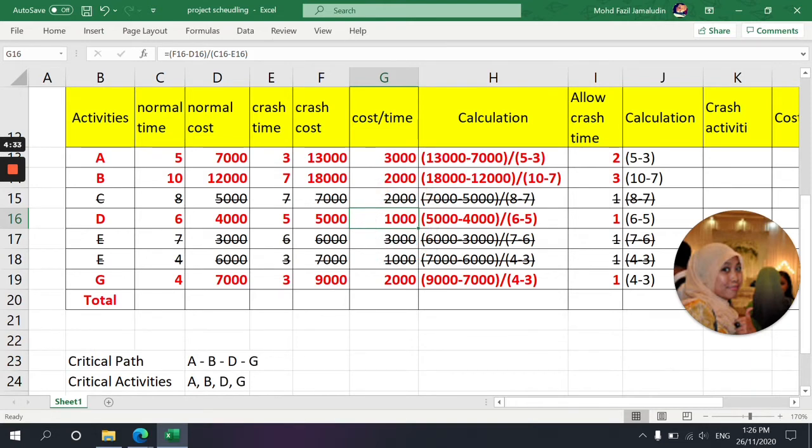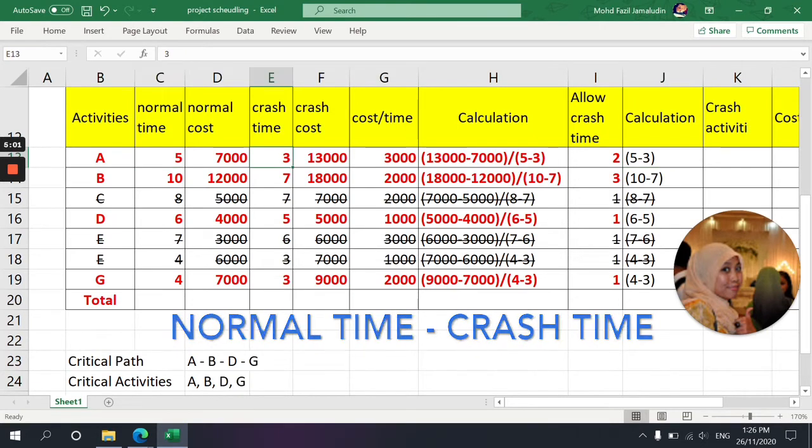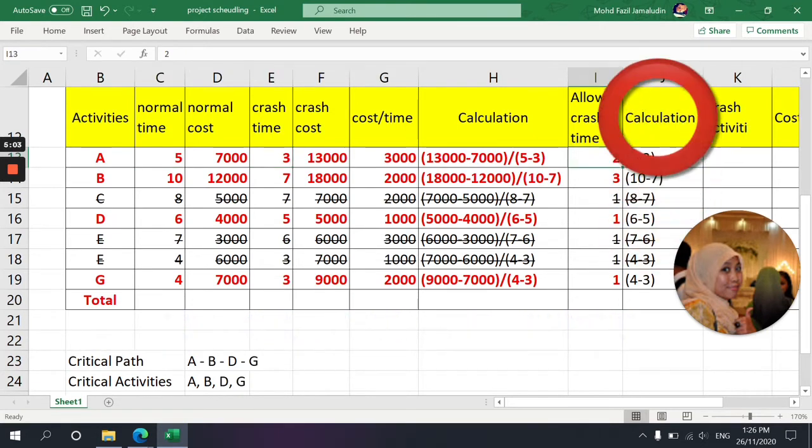So you need to insert a new row here, which is allowed crash time. You need to state first how long the time is allowed to crash. To get the time value, it is normal time minus crash time. So you will get 2.